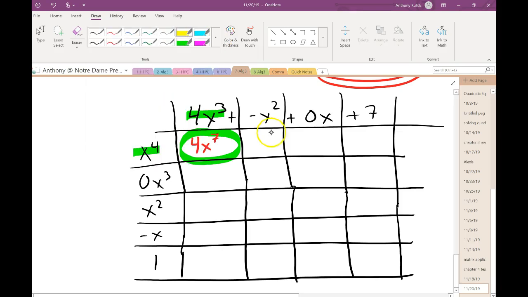And then I'll move, say, here. When I do this multiplication, I'm going to use that times that. So x to the fourth times negative x squared. What do I get when I multiply those together? Negative x to the 6th. Does everybody get the pattern here that we're doing?